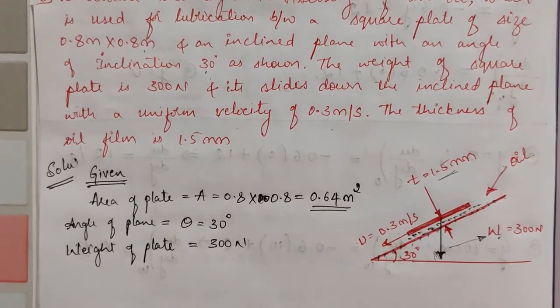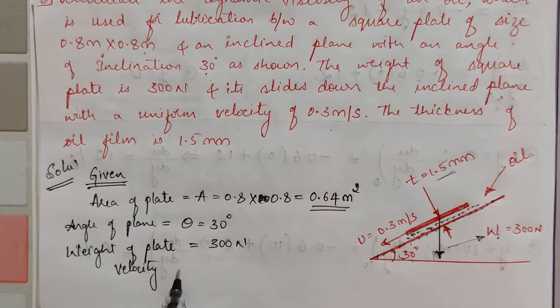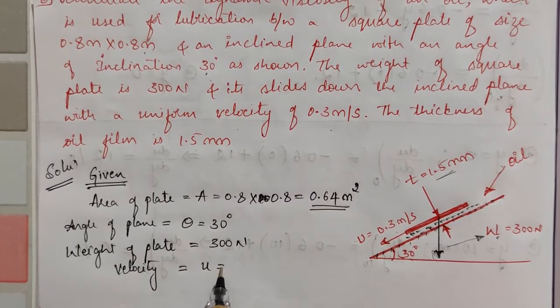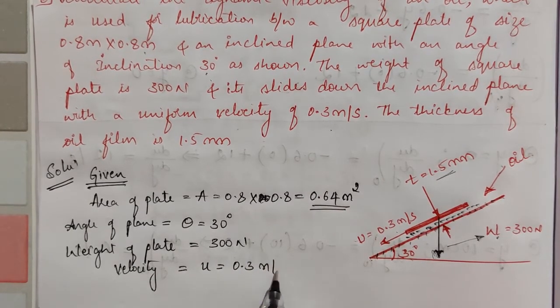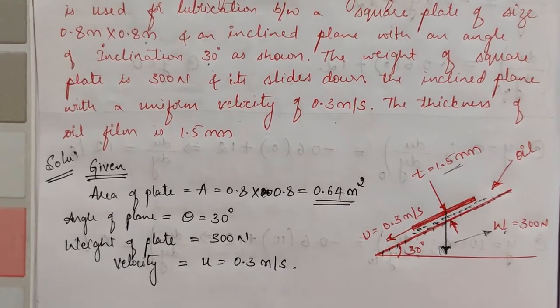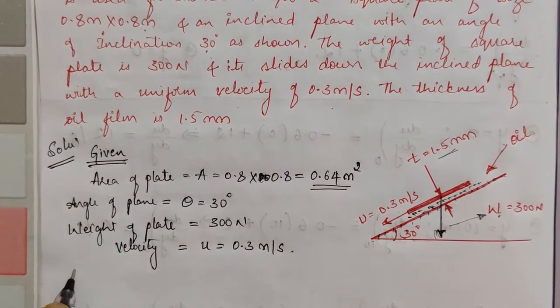Okay, next velocity. So velocity is given, I'll denote it as u, and it is 0.3 meter per second. So these are the given things, and also the thickness.